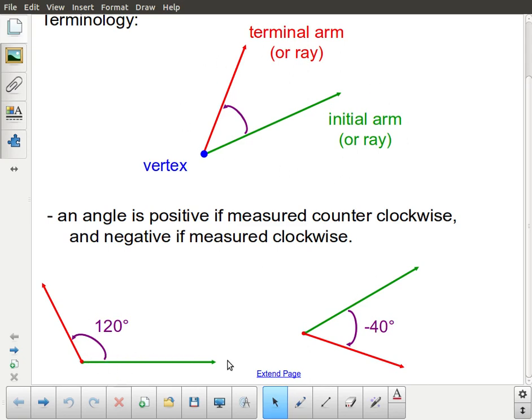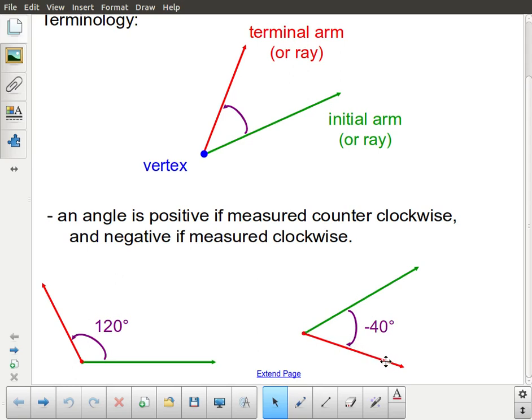My initial arm is green, my terminal arm is red, and my angle of rotation is indicated by the purple, the curved arrow there. So this one is positive 120 degrees. My initial arm is green, my terminal arm is red, and my angle of rotation, in this case because it's clockwise, is negative 40 degrees.